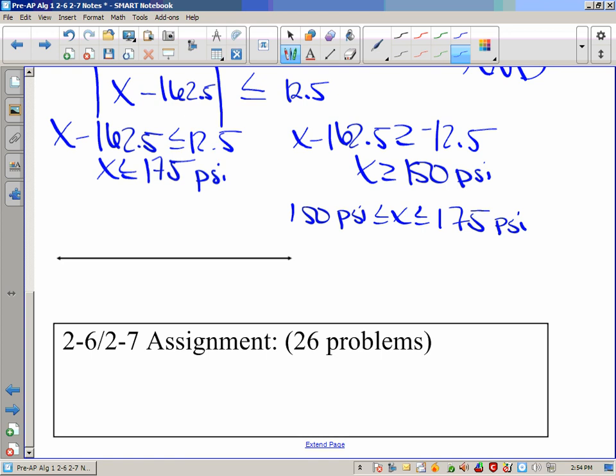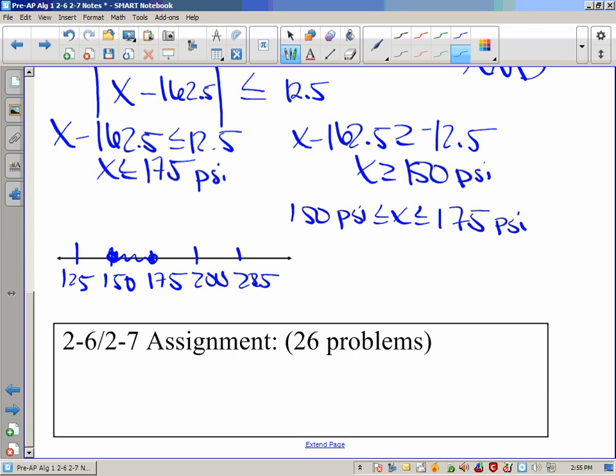I'm going to go by 25s. So 125, 150, 175, 200, 225. So I can include 150, I can include 175, and there's all the values in between.